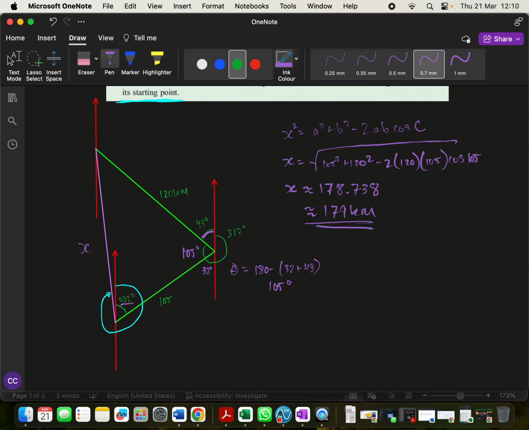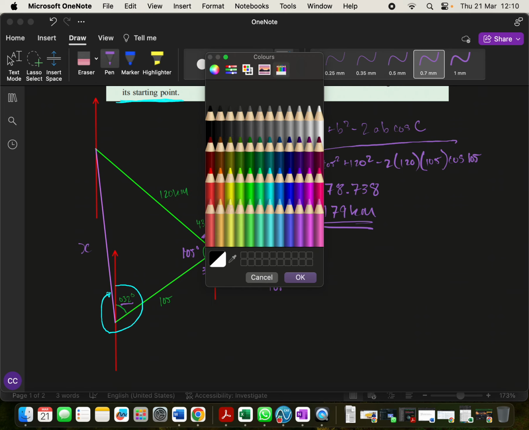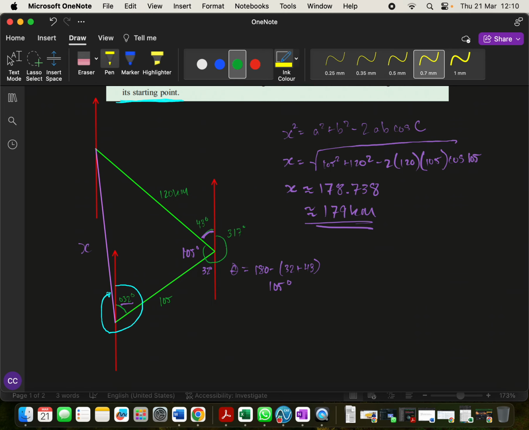So that is done. Now, in order to find the bearing, I need to find what this angle in the triangle is. I'm going to call that phi for now.